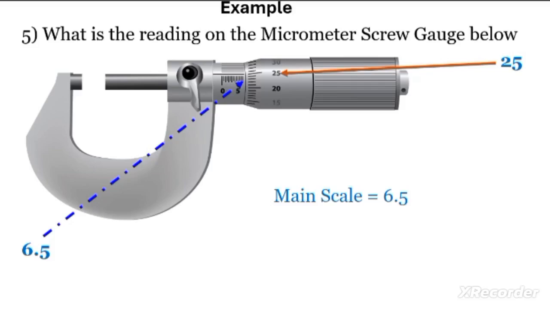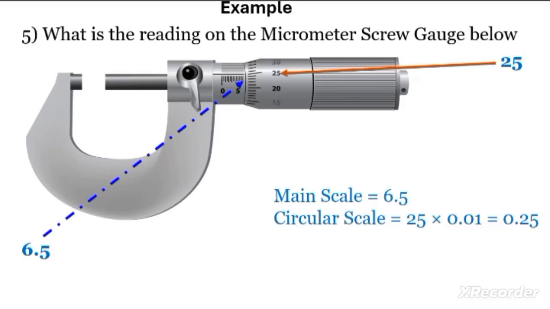We will call it millimeters after multiplying with 0.01. So we are going to say circular scale is equal to 25 times 0.01 is equal to 0.25 millimeters.